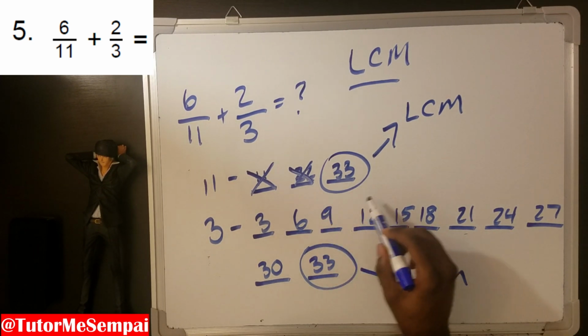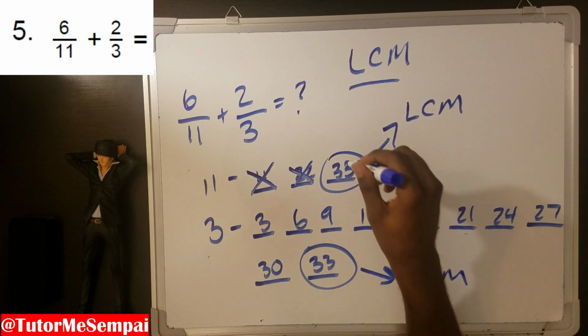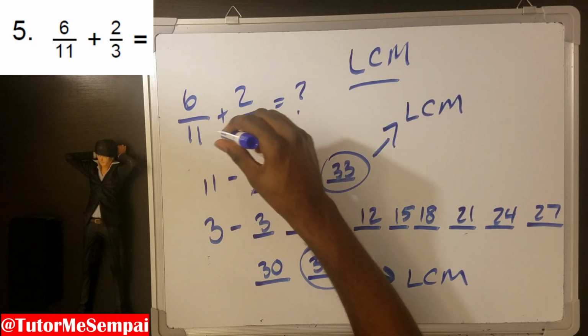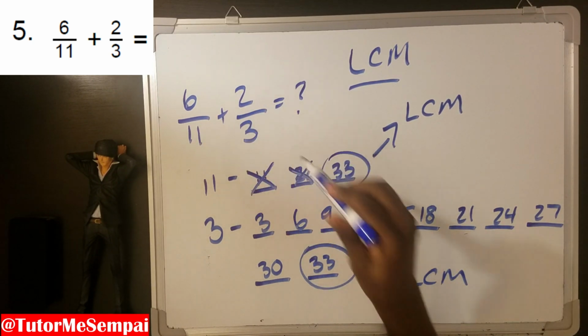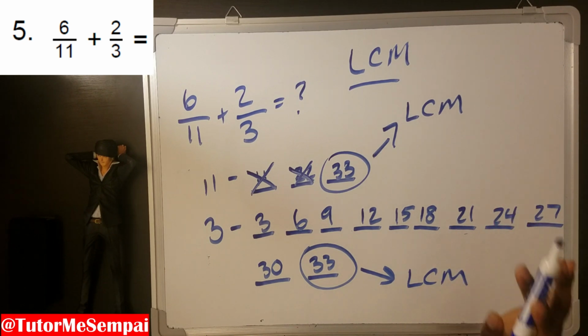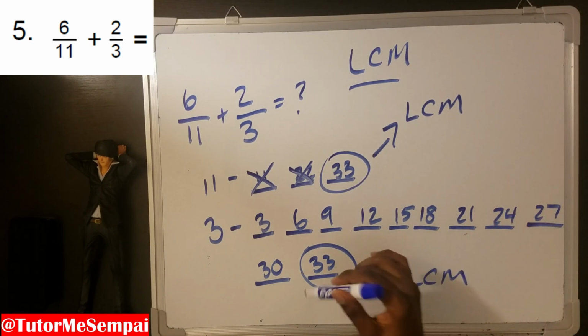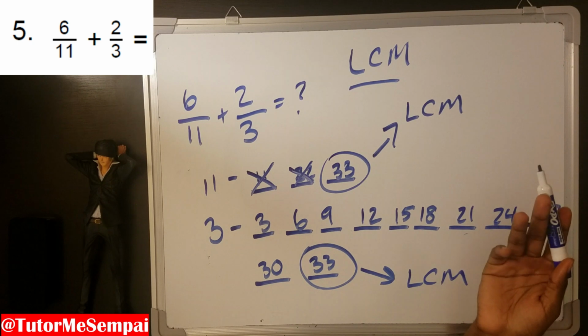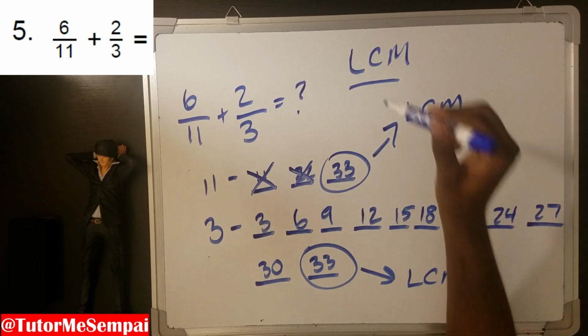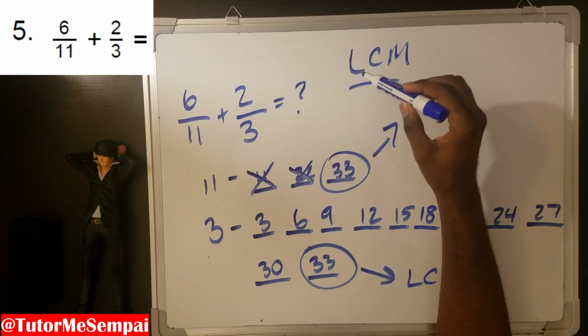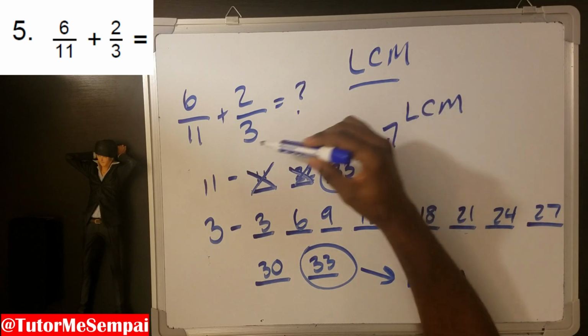They don't have anything else in common besides what they have when you multiply them together, as far as small numbers go. Now, if you continue, there'll be more that they have in common. But once again, we're trying to find the smallest, the least common multiple between the two.